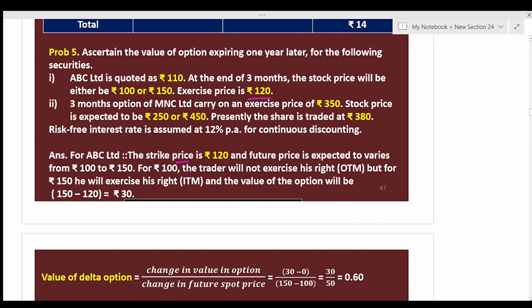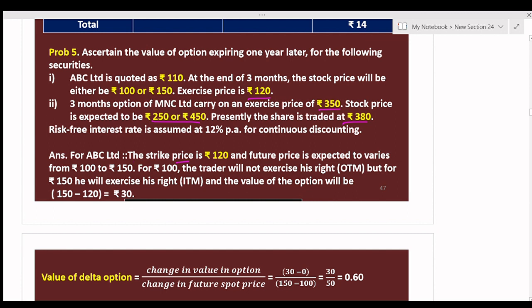In MNC Limited, the same: the exercise price is 350, stock price is 380, and it is expected to vary from 250 to 450, and 12% rate of interest. Now, this is the call option value.